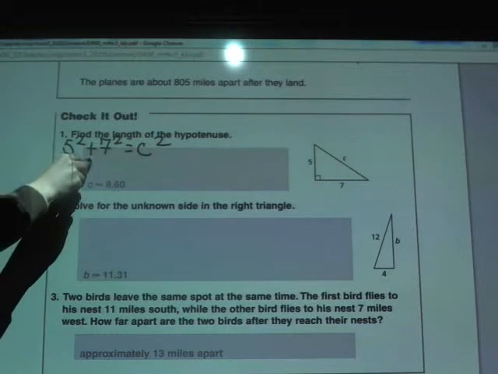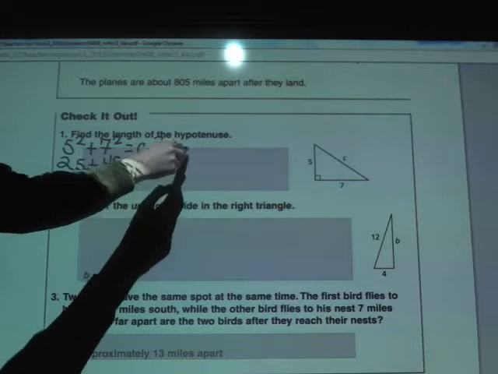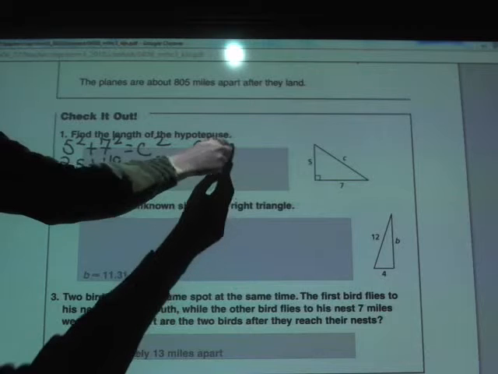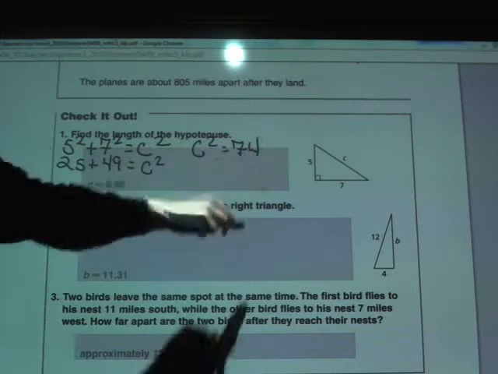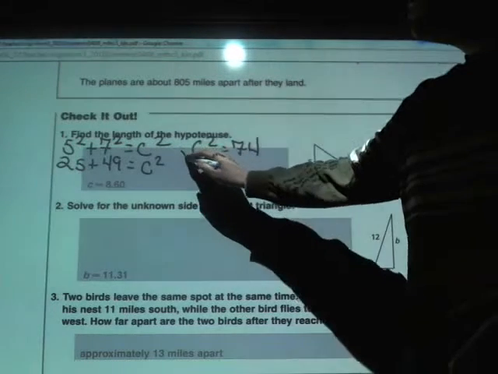So 25 plus 49 is the same as c squared, or c squared is the same as 74. Now again, that side of the triangle that's marked c, it doesn't say c squared. It just says c. So I've got to get my answer right now, which represents c squared, back to c. And the way we do that is by taking the square root.